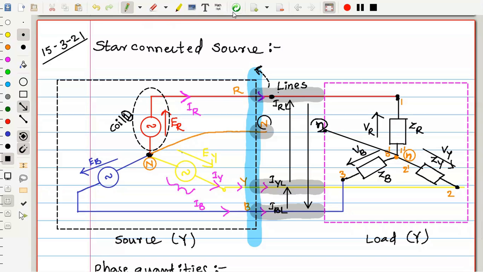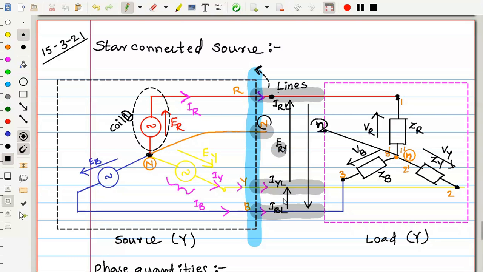Now let me write these voltages also here clearly. This is E, meaning the induced voltage of the generator between which terminals? R and Y. This is the notation hereafter we follow. R Y means voltage between the R terminal and the Y terminal, where the arrow is pointing at the starting one. What is that? R. This notation is important.